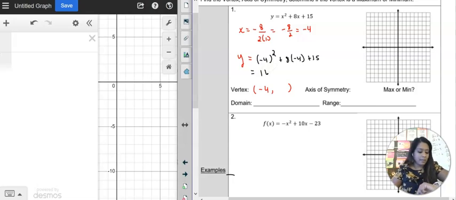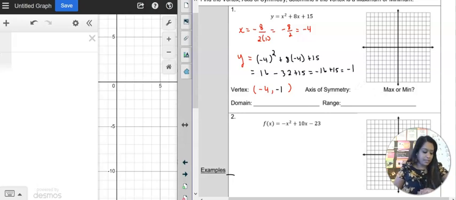The negative goes away. And then plus 8 times negative 4 is negative 32, plus 15. So 16 minus 32, that's negative 16. And then bring over the 15, which is equal to negative 1. So there you go. The y-coordinate is equal to negative 1. And then the axis of symmetry is going to be x equals negative 4.